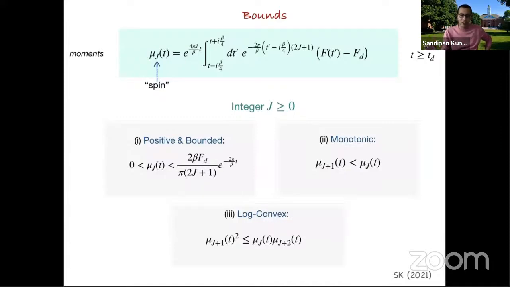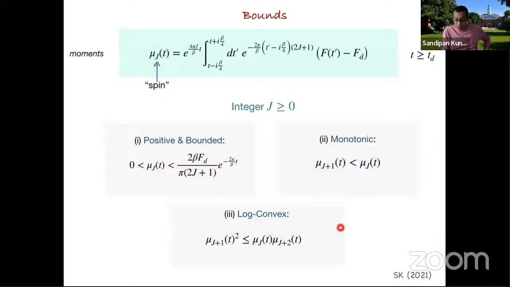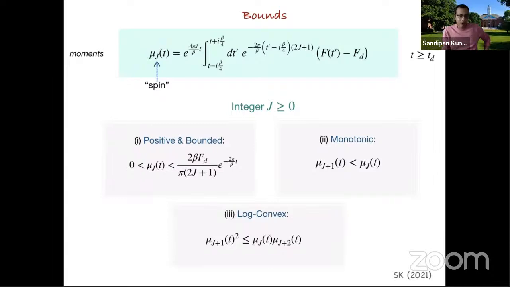But let me give you the gist. As you can see from this expression, this is the only constraint that you can actually saturate. It's the log convexity condition, and whenever you have a condition like log convexity, its saturation is actually very easy. It gives you a function of J. So what you end up with, if you saturate this, is a moment as a function of J with some unknown function of time, which is an overall factor.